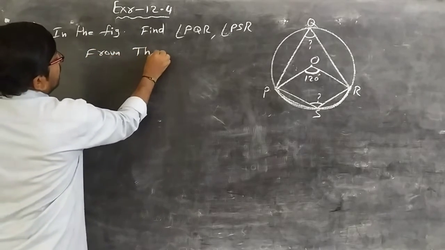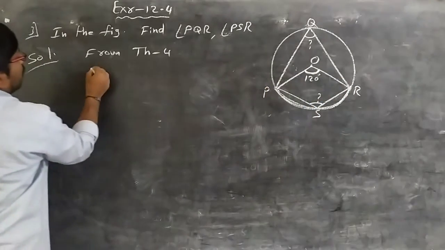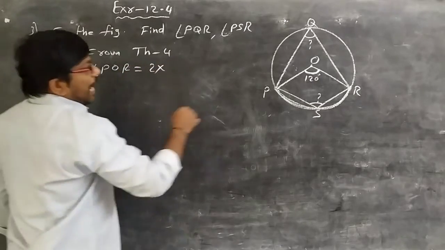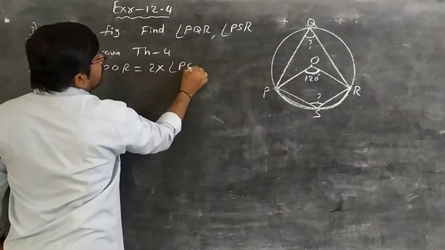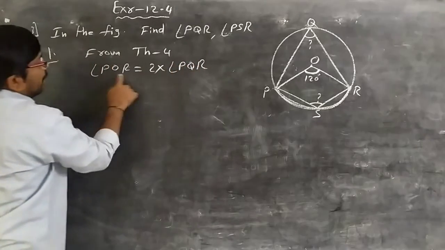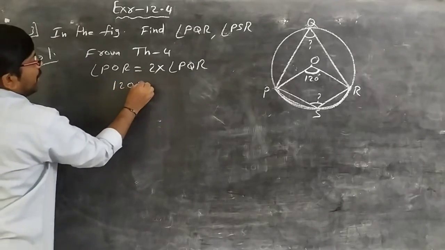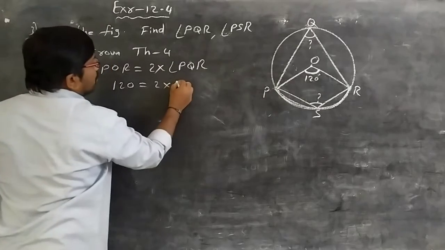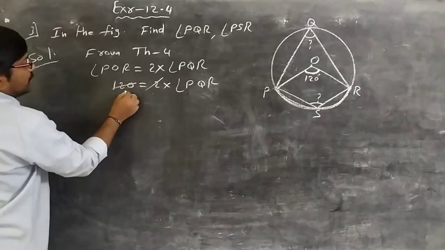So from theorem 4, angle POR is equal to 2 times angle PQR, right? We know angle POR is 120. So 120 is equal to 2 times angle PQR. 2 ones are 2, 2 sixties are 120.